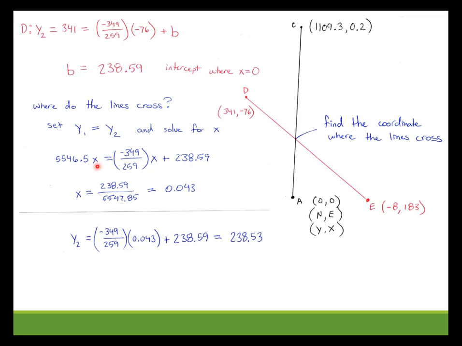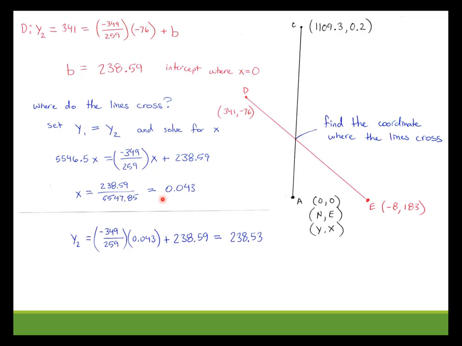So this can be written as the y1 equation equal to the y2 equation, and essentially rearrange this to solve for x. Here I've carried an extra decimal place just to highlight the importance of accuracy. In general, do not apply rounding until you've completed all of the calculations. This way you don't introduce an error simply by applying rounding too soon.